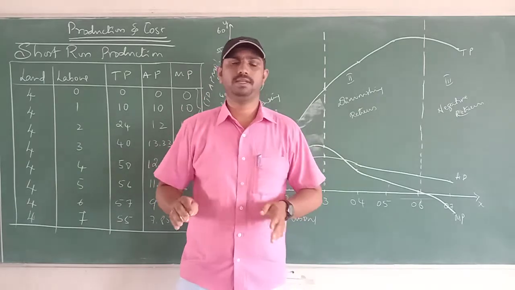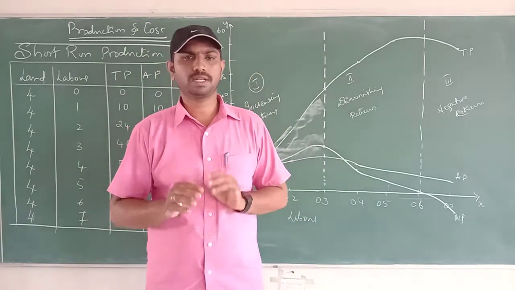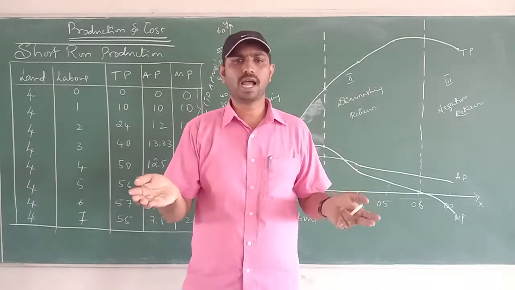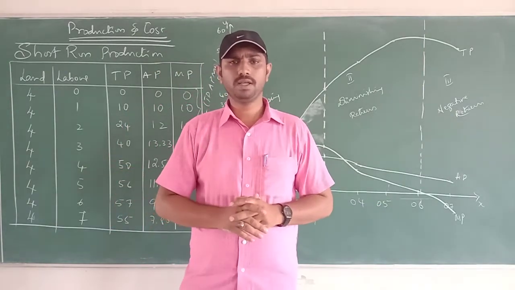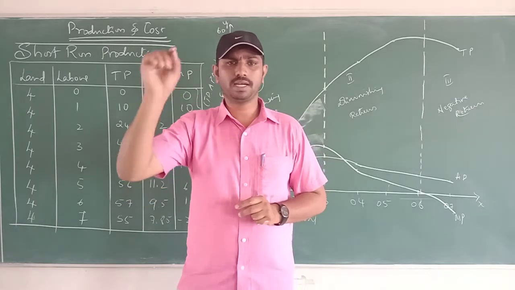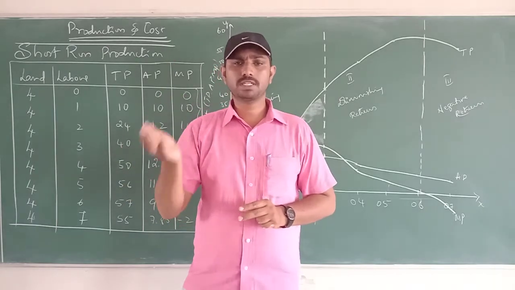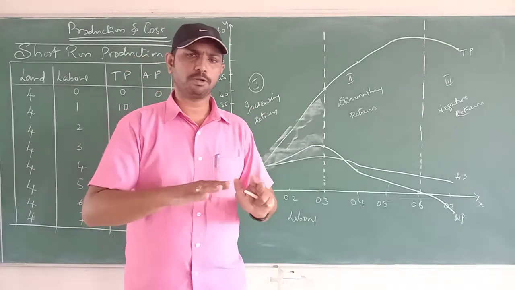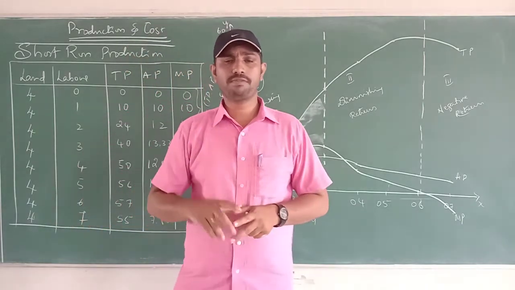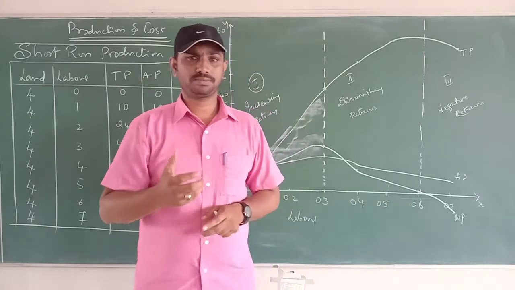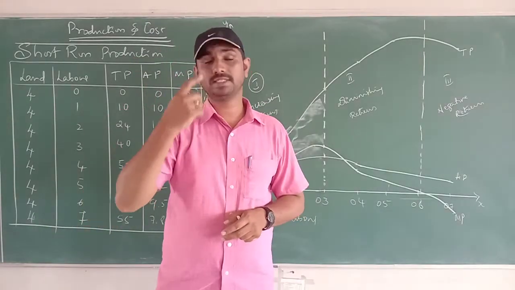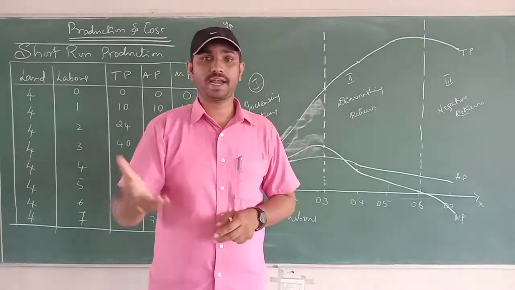The story of this chart analysis is very simple. As long as the fixed factor with the variable factors has a positive result, things undergo increasing returns. When the fixed factor feels burdened with the variable factors, things slowly go down. If the quantity of variable factors overburdens the fixed factor, then things get negative returns.